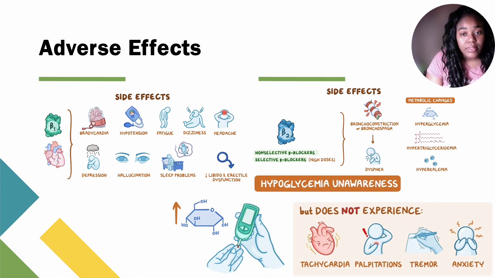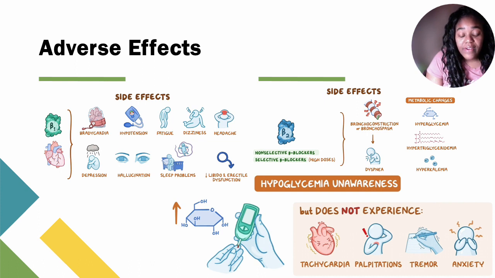Again, beta blockers work on the sympathetic nervous system, so they further decrease the action of the sympathetic nervous system. So the common adverse effects you may see are hypotension, bradycardia, fatigue, dizziness, headache, sleep problems, hallucinations, depression.